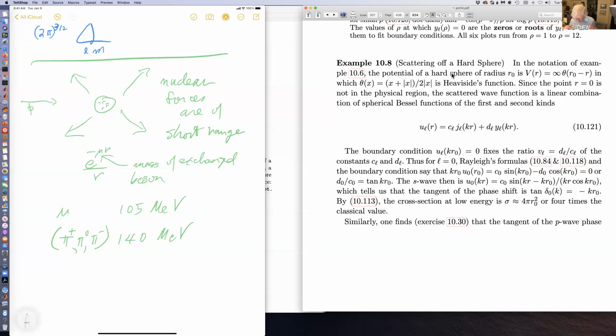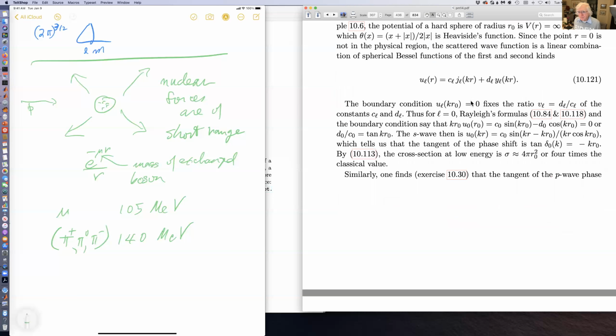We imagine that the particles never penetrate the sphere. The boundary condition that U_L of kr0 vanishes fixes the ratio of D_L to C_L.